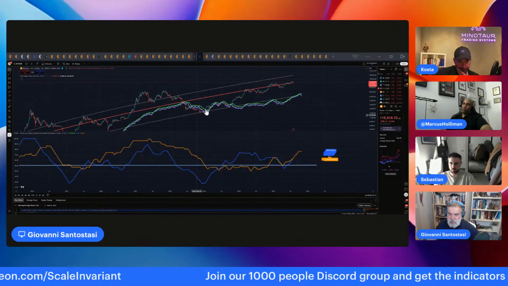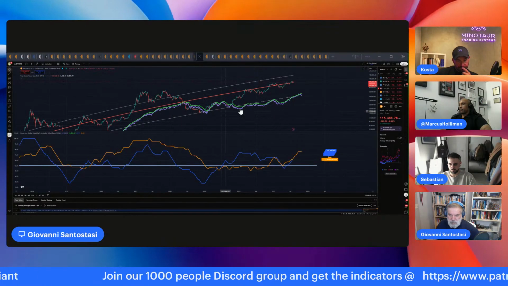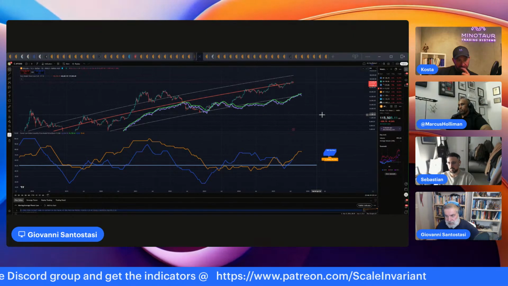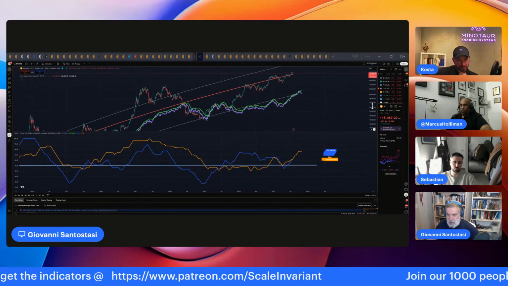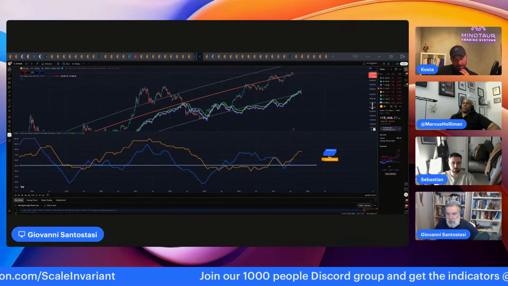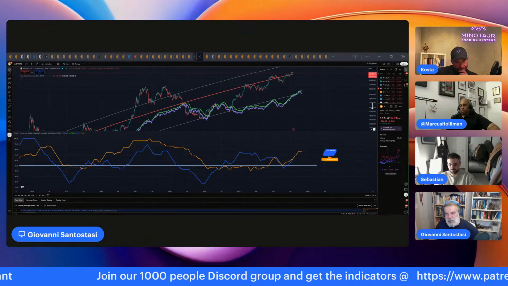So we see Bitcoin, the power law, the support line below, and then we see this purple and green line. These purple and green lines are projections of the expected price based on liquidity.